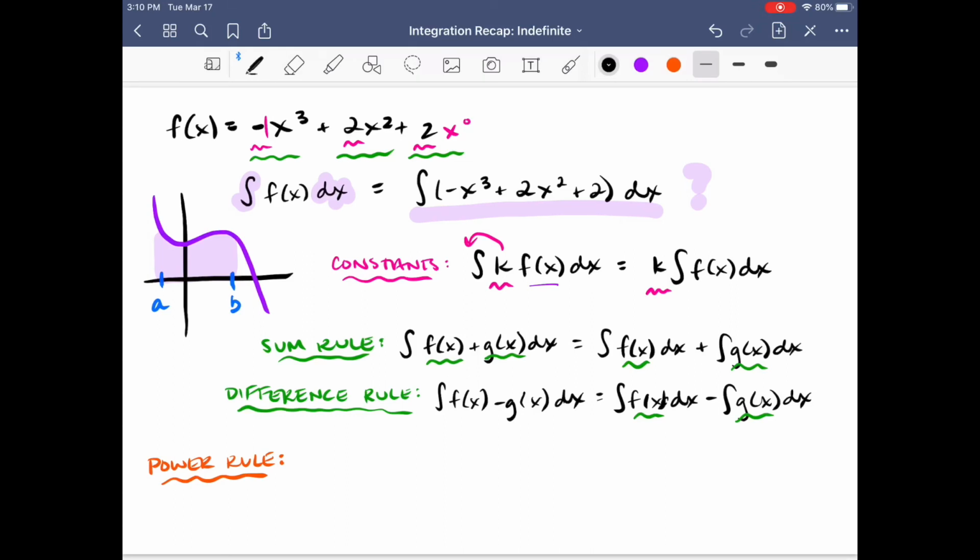So let's generalize this out and see what happens if I take the integral of x to the n dx. So some x to some power dx. When I do that, it's important to keep track of this n right here because that's the n that I care about. This is going to be equal to 1 over n plus 1 multiplied by x to the n plus 1 plus some constant c.